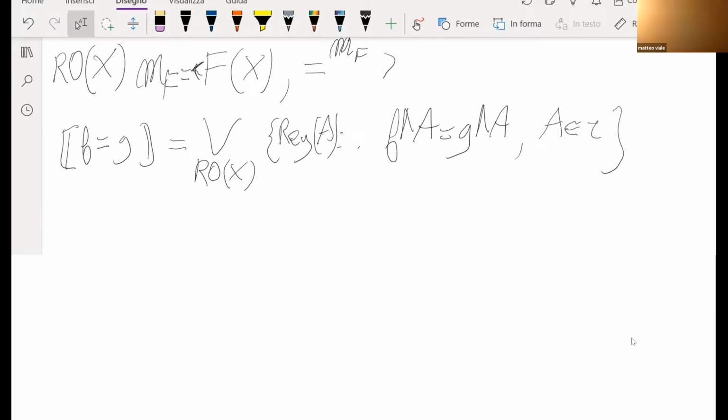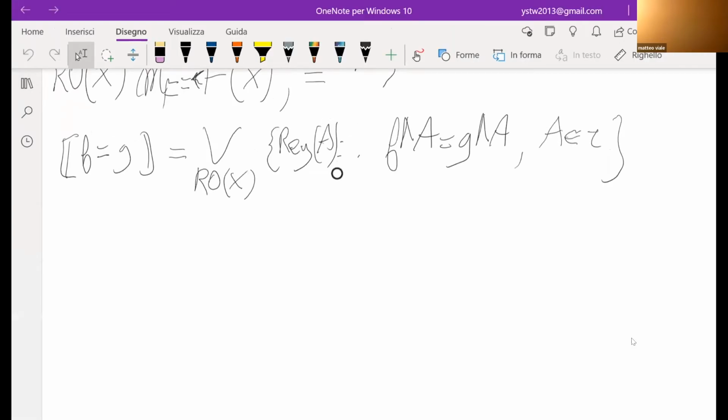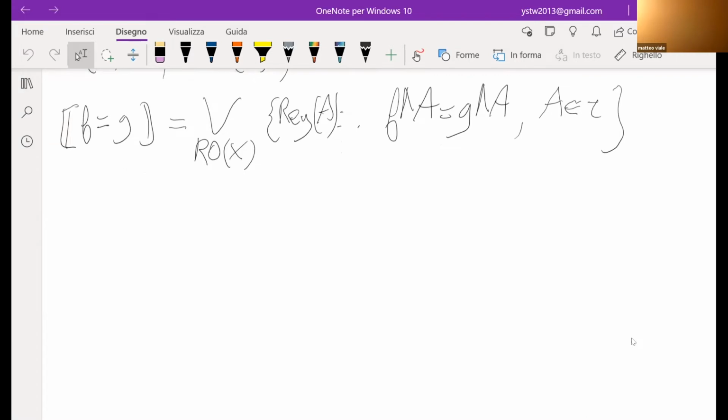But we want to go in the converse direction, and this is a bit more elaborate. There are various approaches, and I will take one which identifies sheaves with bundles. So I want to associate to a Boolean valued model a bundle.